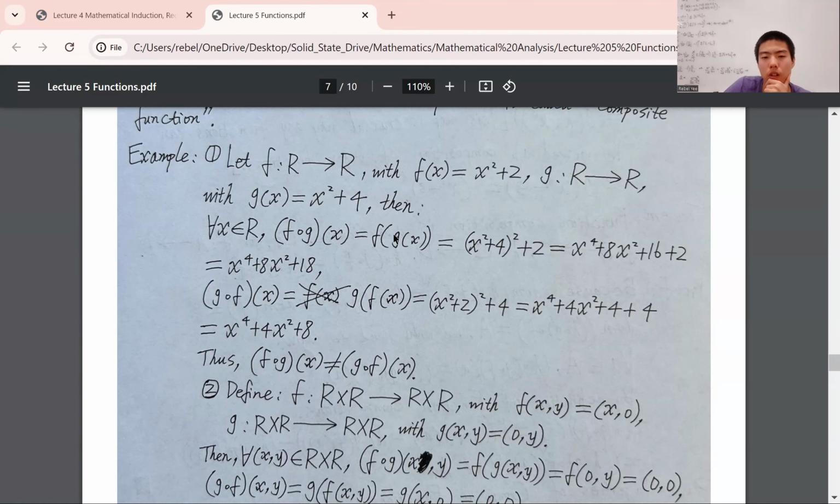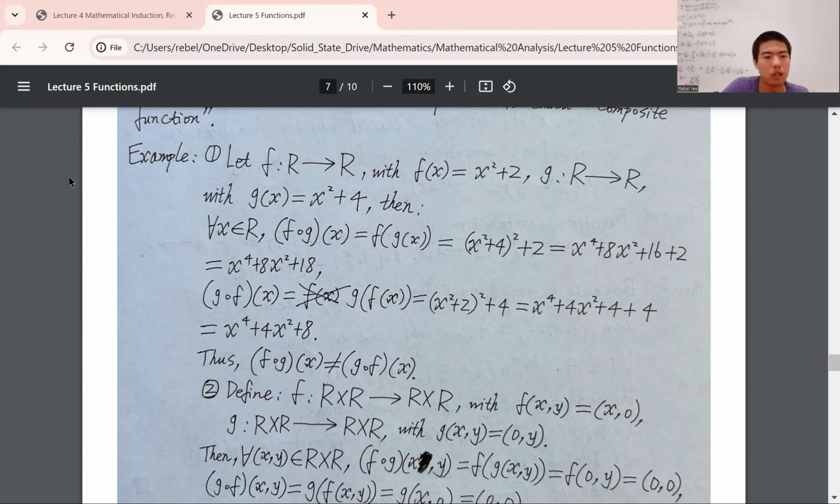So first consider g and then f: it is x squared plus 4, squared, plus 2, which is x to the power of 4 plus 8x squared plus 18. But if you do the opposite, first do f and then do g, it is x squared plus 2, squared, plus 4, which is different from the answer we get here if we plug in a different x.